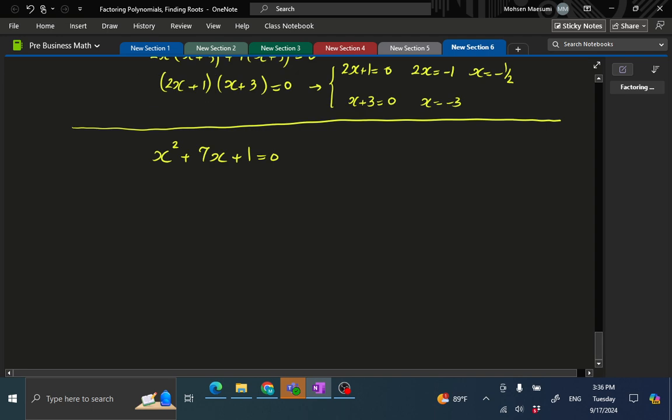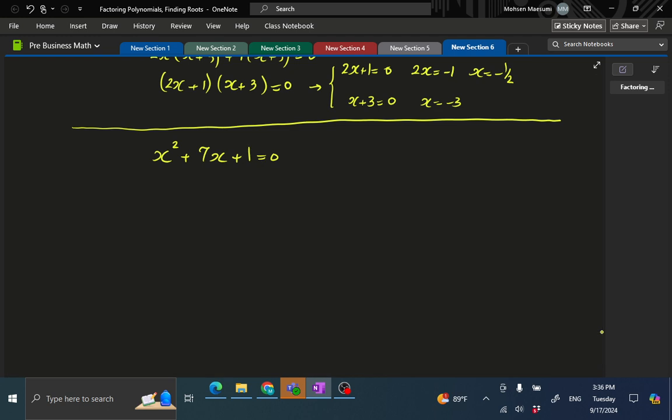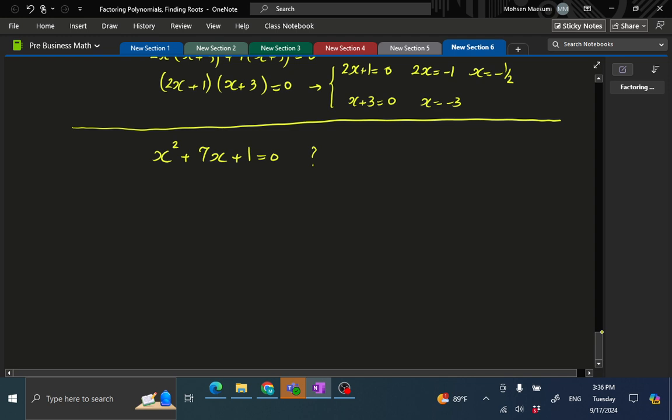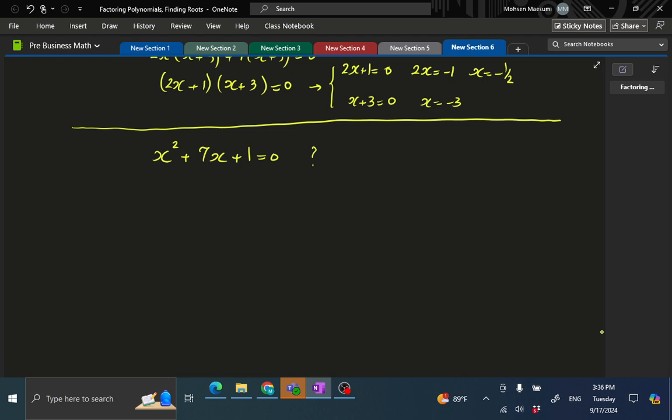Well, we cannot think of two numbers such that the product is 1 and the sum is 7. It's not easy to come up with these numbers. What do we do then? Well, these problems were solved as far back as perhaps 2,000 or 3,000 years ago, and we are essentially following the same blueprint for solving them.